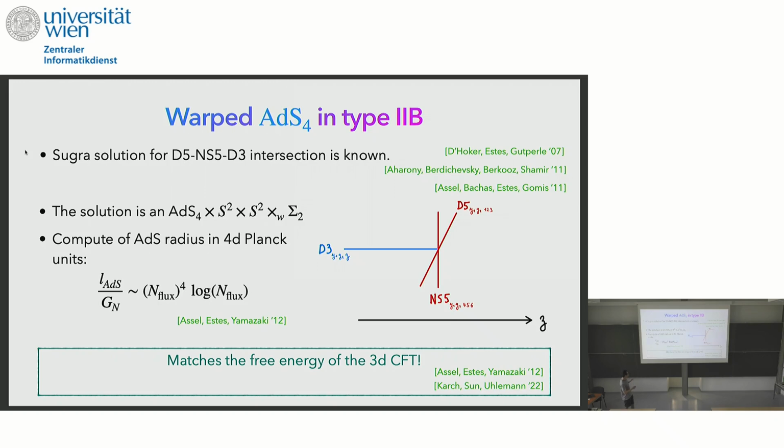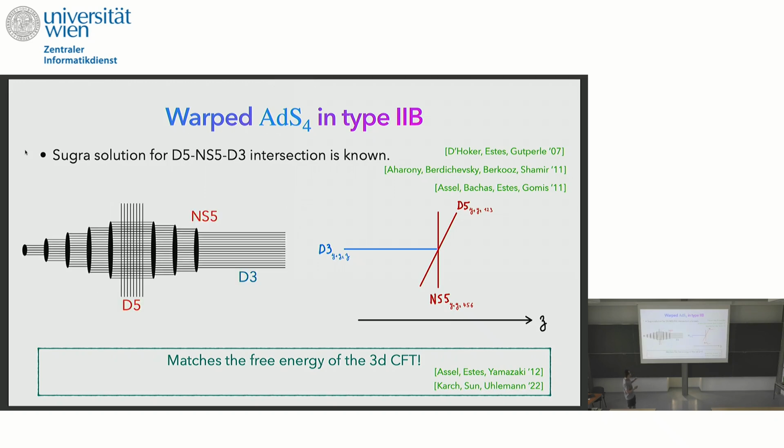This actually matches the free energy of the three-dimensional CFT. Just to show you, this would be the quiver that corresponds to this brane setup: you could infinitesimally separate all of your 5 branes, and then you have a lot of degrees of freedom at this intersection.